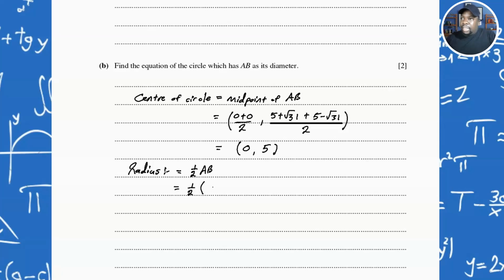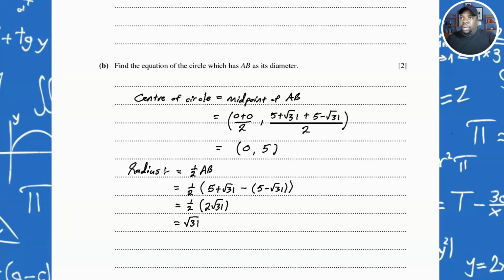We subtract 5 plus root 31 minus 5 minus root 31. So that's half of 5 minus 5, that's 0, root 31 minus negative root 31, which is 2 root 31. So we get that the radius is half of this, which is just root 31.